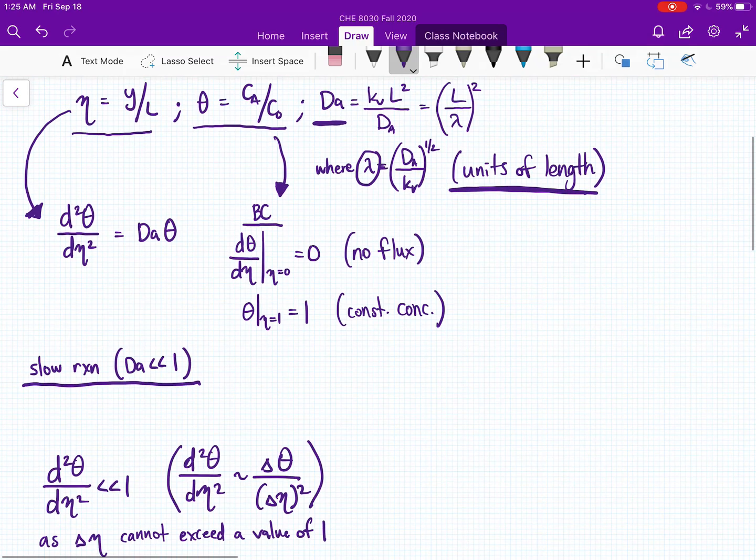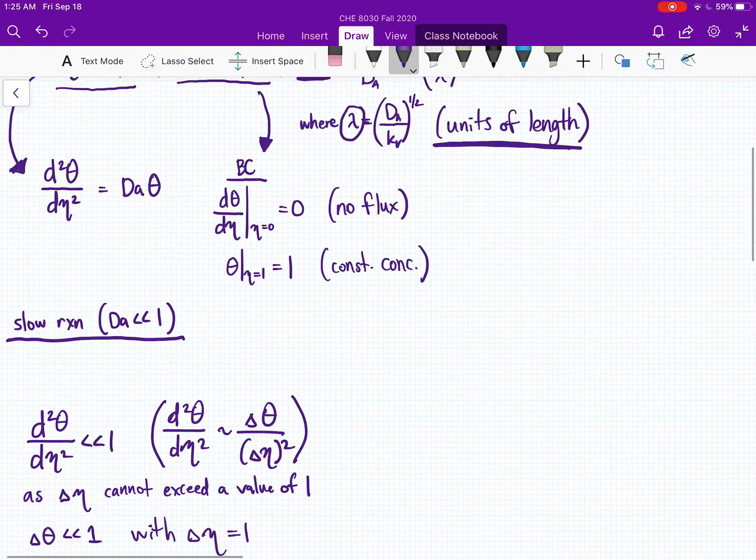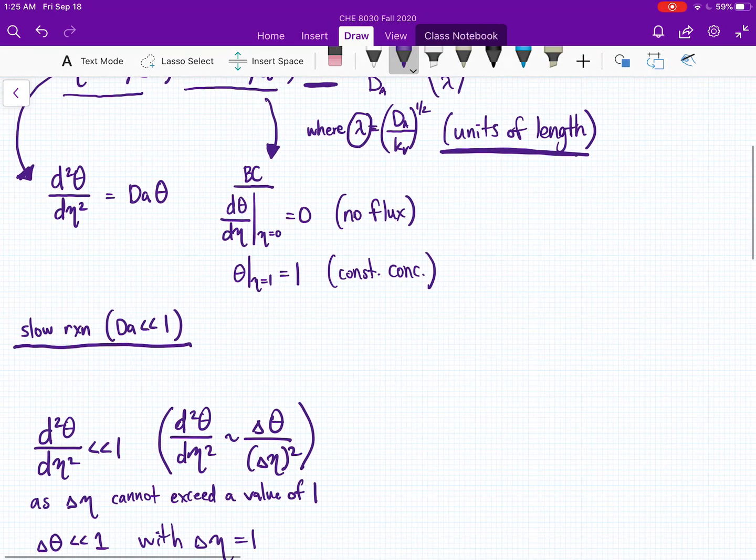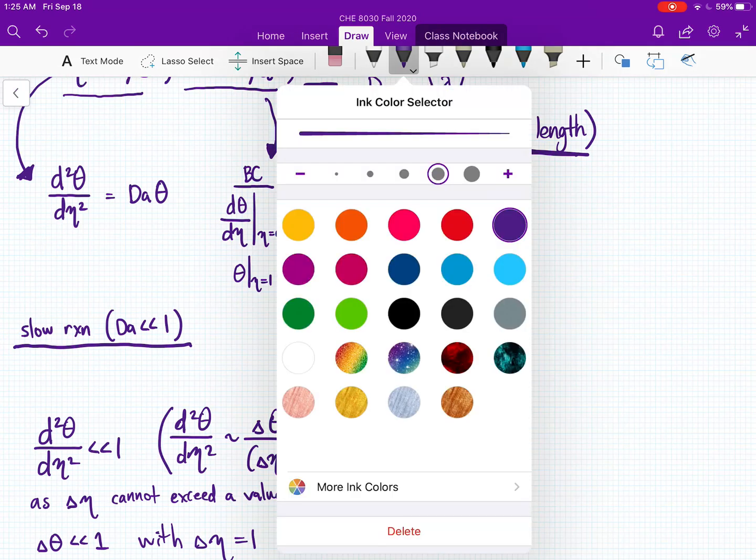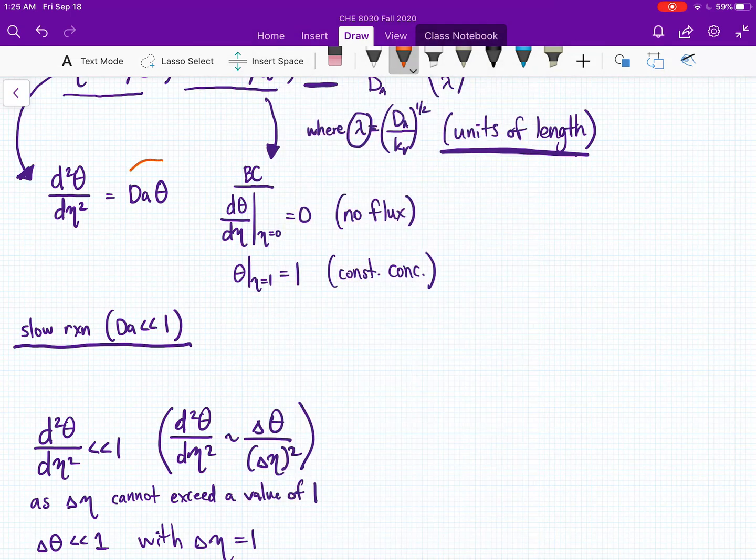And so the first scenario we talked about was when we had slow reaction kinetics, i.e. when the Damköhler number is much less than 1. Based on our differential equation, let me switch colors. When the Damköhler number over here is much, much less than 1, that second derivative with respect to eta is much, much less than 1.